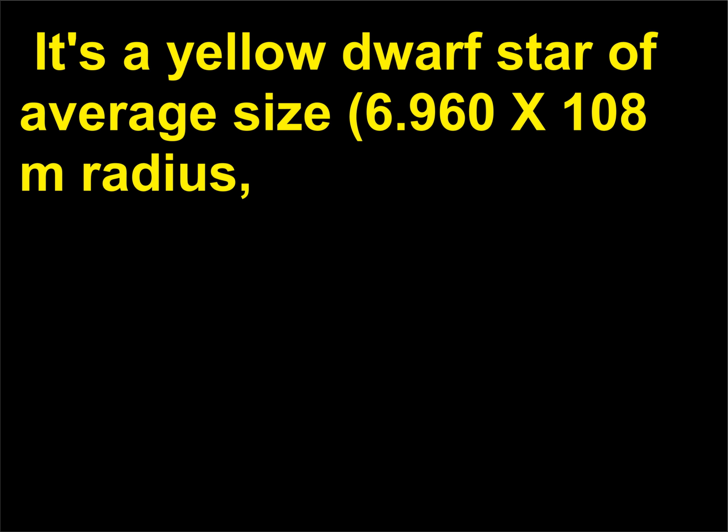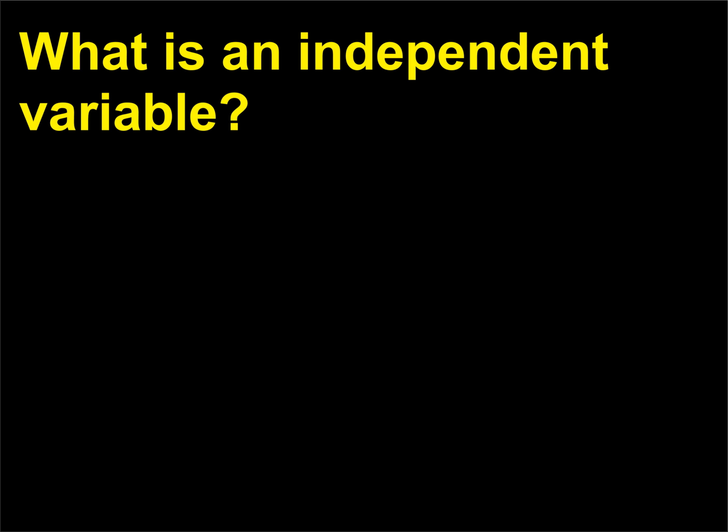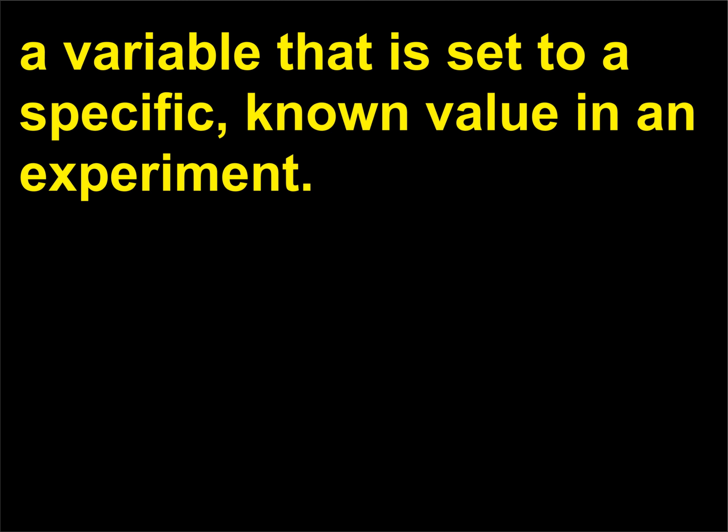It's a yellow dwarf star of average size, 6.960 x 10^8 m radius, 1.989 x 10^30 kilograms, and surface temperature, 5500 to 6000 K. What is an independent variable? A variable that is set to a specific, known value in an experiment.